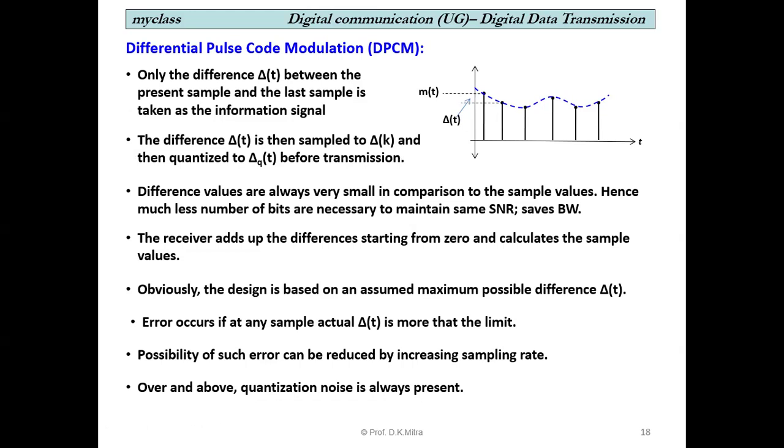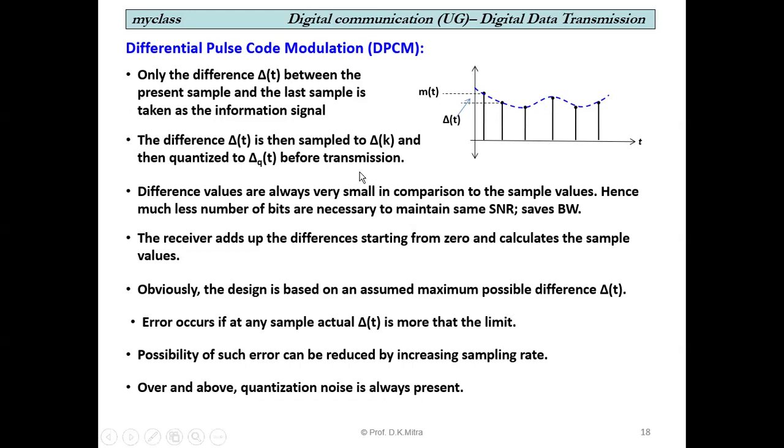So after the first sample has been measured, thereafter what you measure is only the difference from the last sample, positive or negative difference. And you quantize that sample, which is very small, and then you convert that small signal to a digital signal.